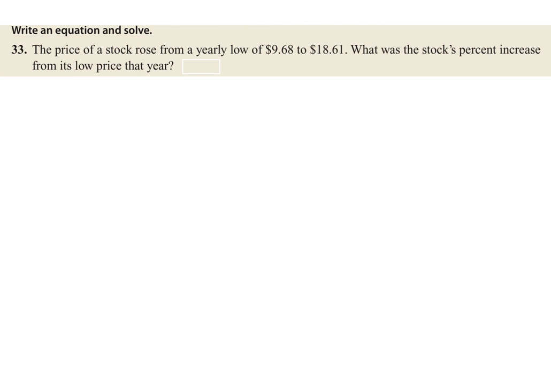The price of the stock rose from a yearly low of $9.68 to $18.61. What was the stock's percent increase? Remember, when we're talking about percent increase or decrease, the top is the subtraction of the two. You can subtract in any order because it is absolute value. You can do your starting minus your ending or vice versa. It doesn't matter. Divided by, always divided by your original.